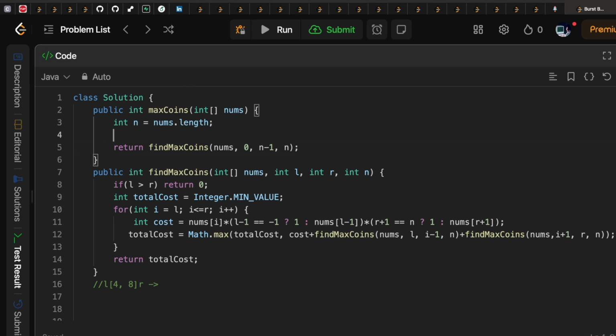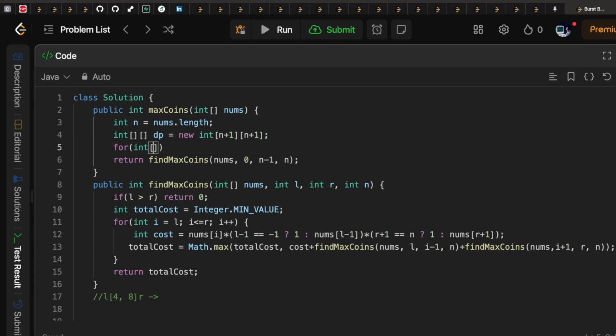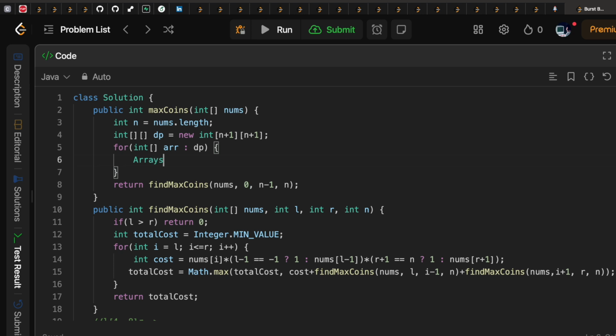So let's memorize this. So our these two variables are changing, so we can memorize our array for these two variables.